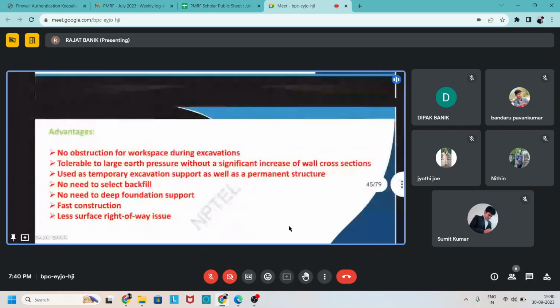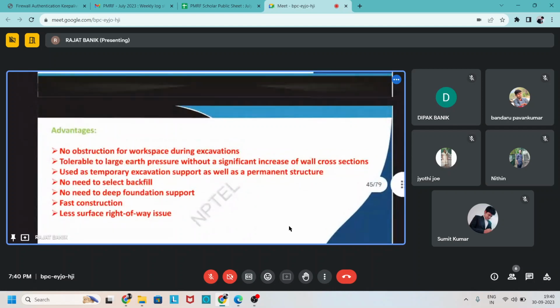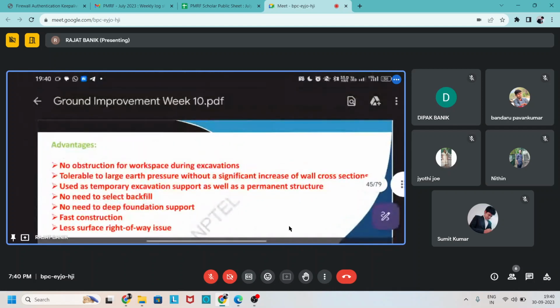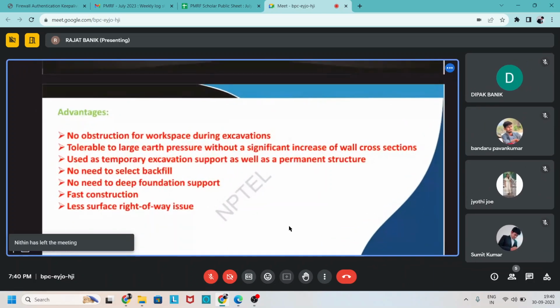Now we discuss the advantages. What are the different advantages of this ground anchor? Here it is said that there is no obstruction for workspace during excavation, it is tolerable to large earth pressure without a significant increase of wall cross section, and it can be used as temporary excavation support as well as a permanent structure.